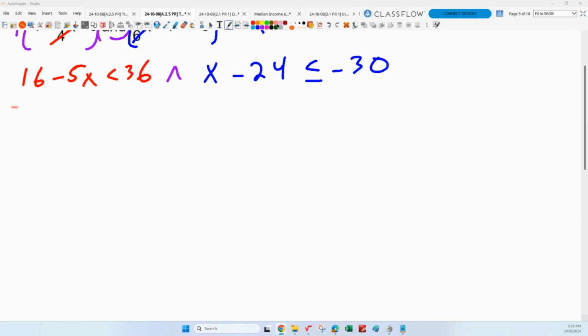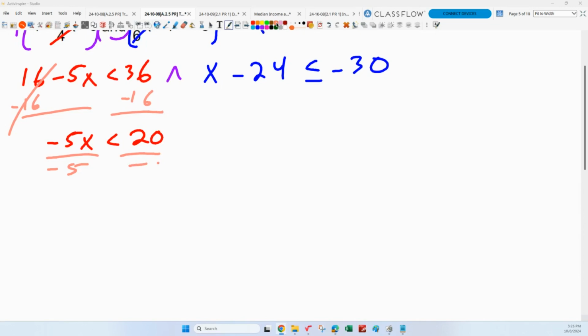So subtract 16. This is the stuff I was seeing. So we get negative 5x is less than 20. We divide each side by negative 5, which gives us x. I divided by a negative, so what do I have to do?